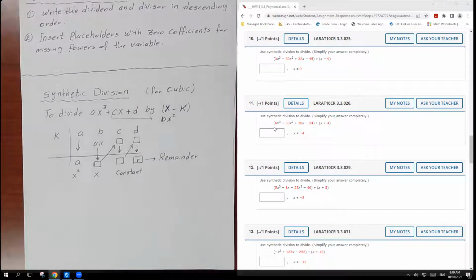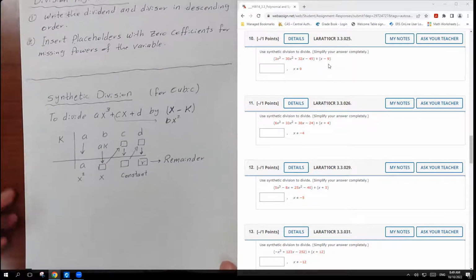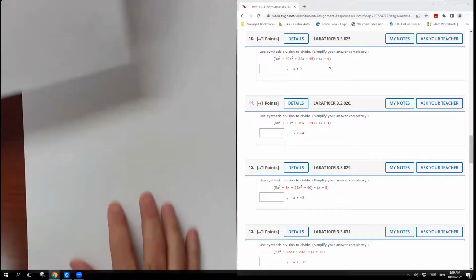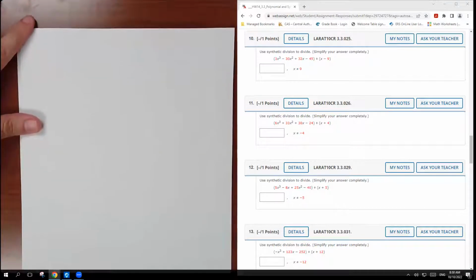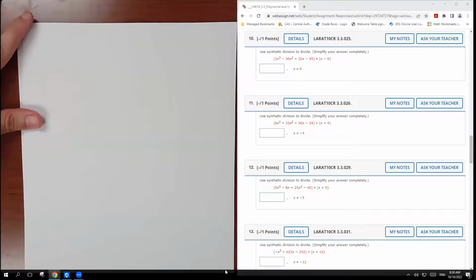They ask you to factor this polynomial, 3x cubed minus 30x squared plus 32x minus 45 divided by x minus 9. Let's check how we're going to use the synthetic division method to find the solution for this example.